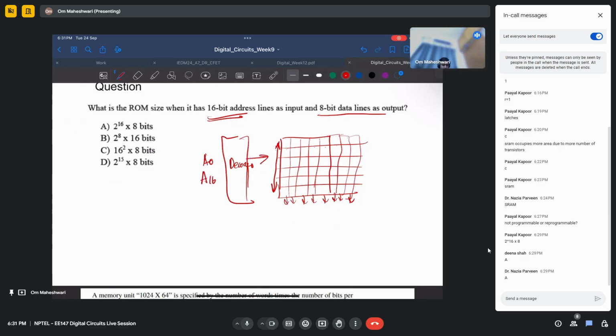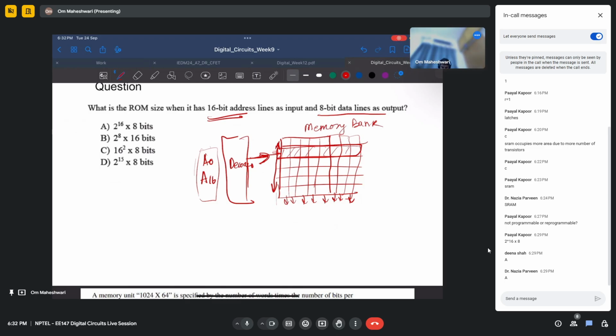If you give any 16-bit address here, this decoder will point to some particular row in this memory bank. Then you can read or write whatever you want in these particular 8 bits.